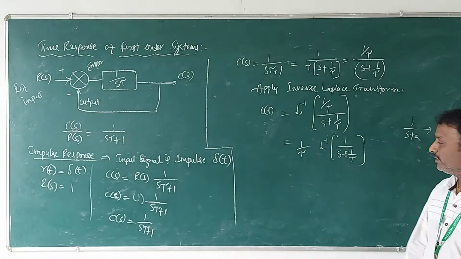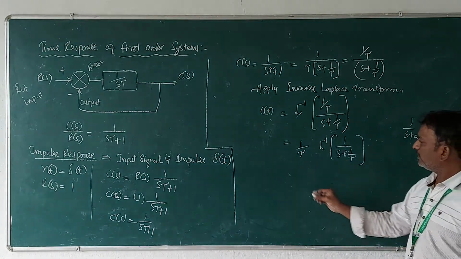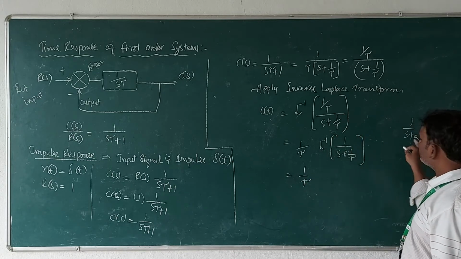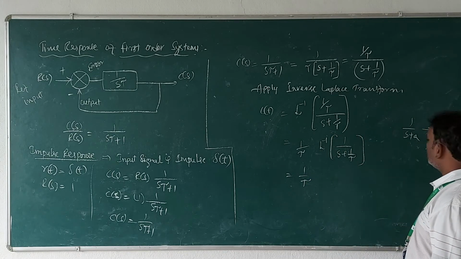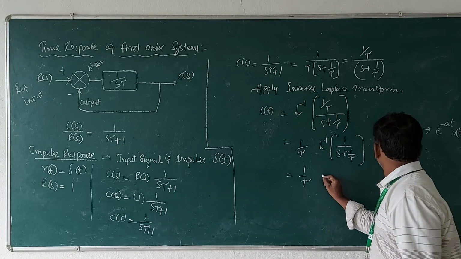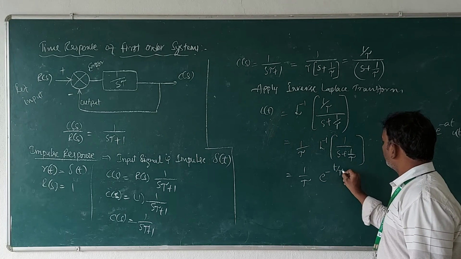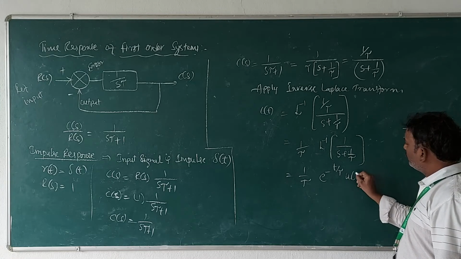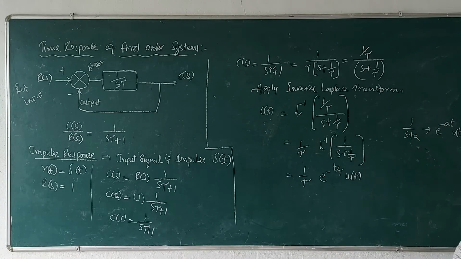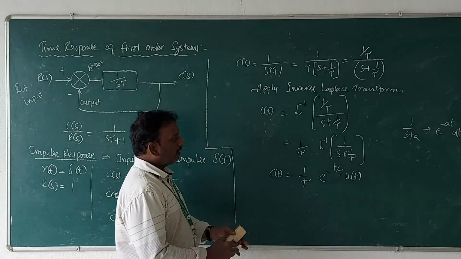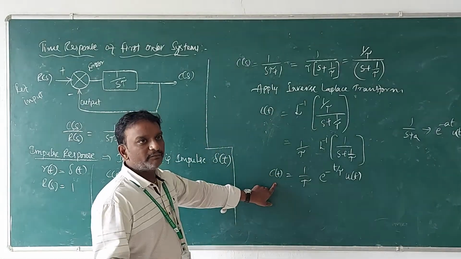Now I replace this: in place of a, 1 by tau is there. So I get e power minus t by tau u of t. So this is the c of t value. Observe, this is the output in the time domain.